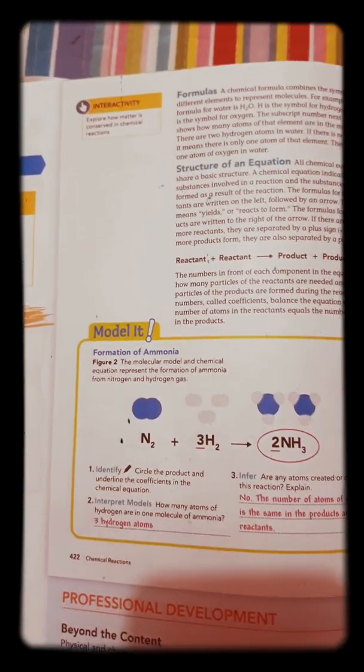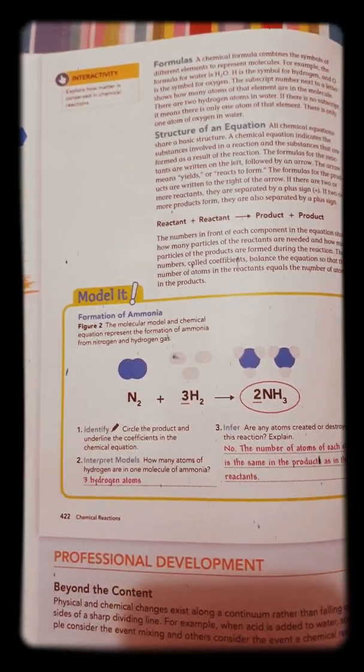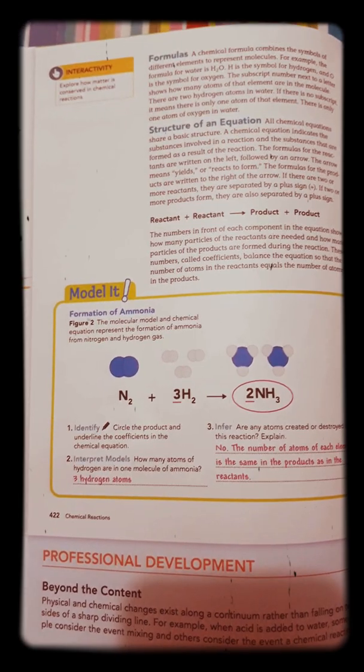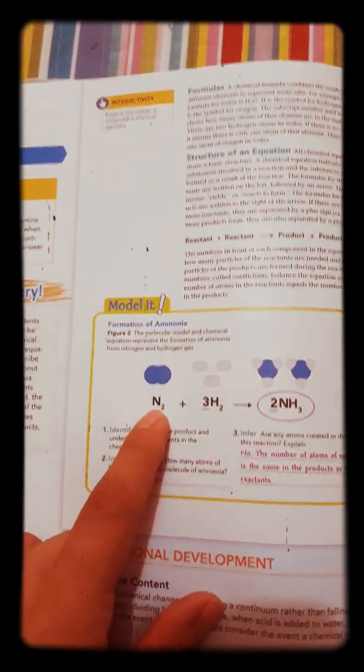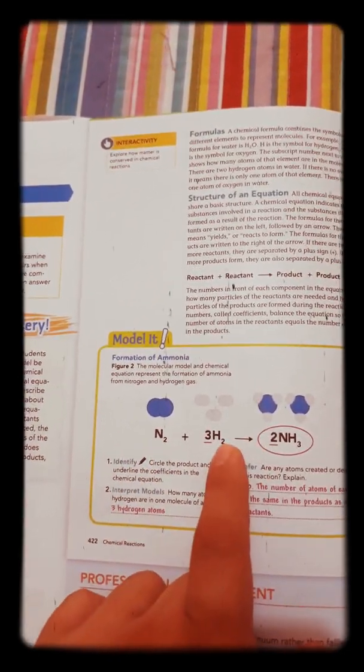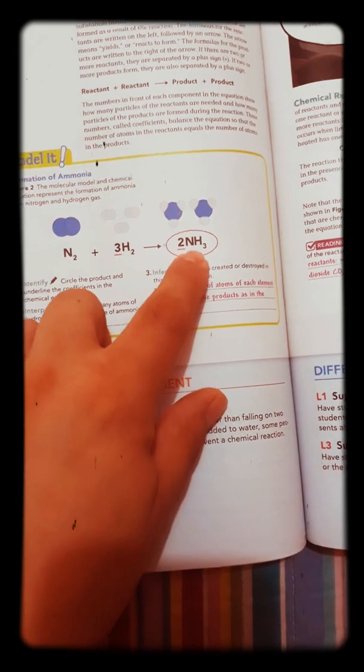As well, model it. The molecular model and chemical equation represent the formation of ammonia. Okay, look, nitrogen and hydrogen. It will be N2 and H3.